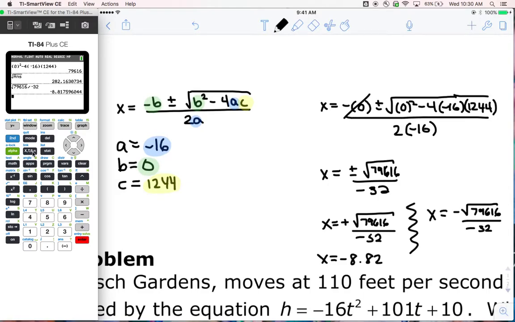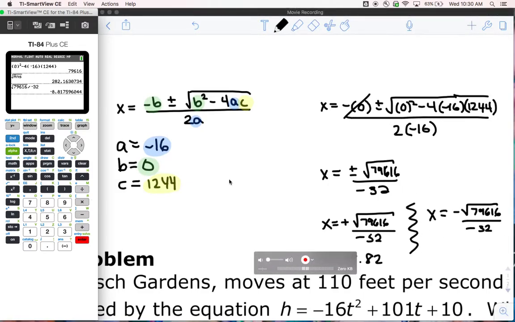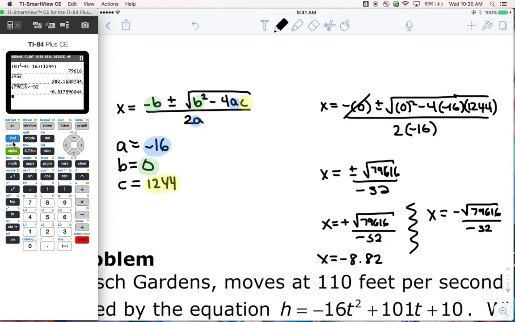Now on the right side, I'm going to type in the same thing I just did. I can click second entry, and all I got to do is make the front of this negative. If you guys don't know how to use a calculator like I'm doing, you can type it in again. My new answer is a positive 8.82. Okay, you only want to use the positive, right?